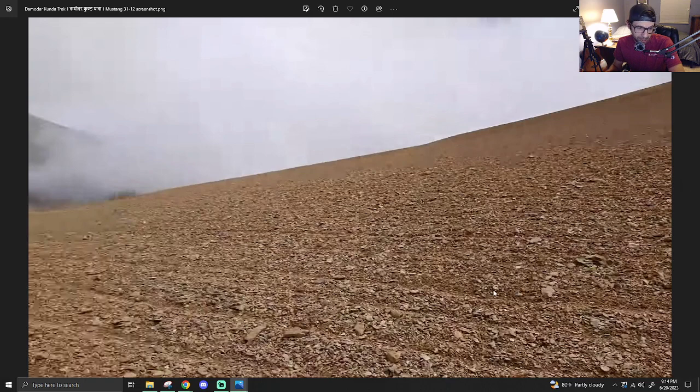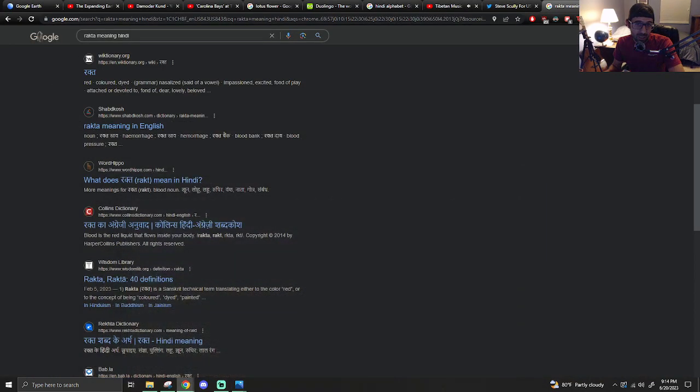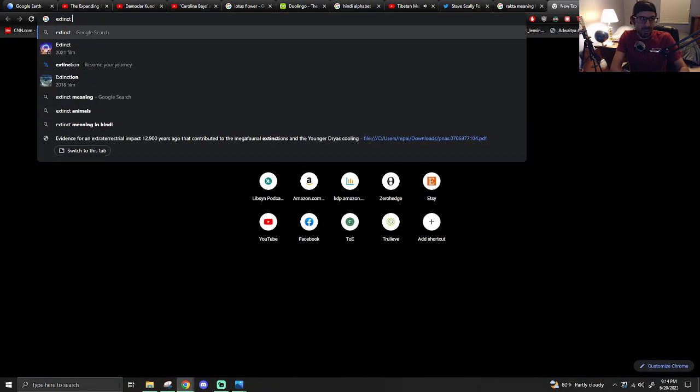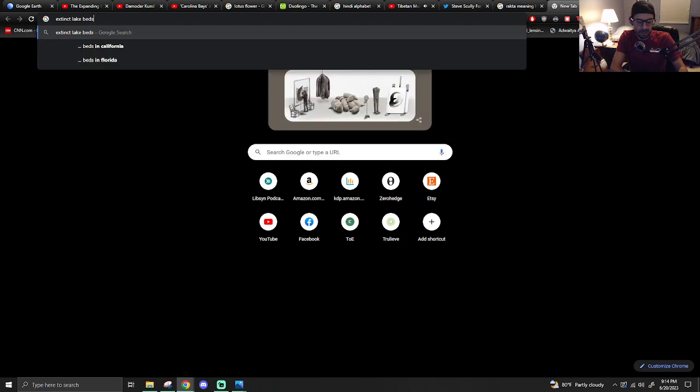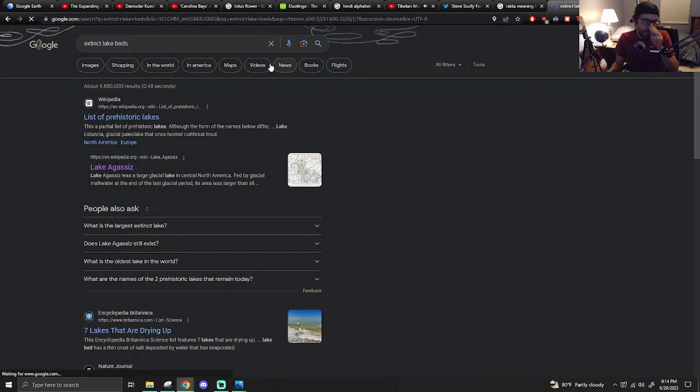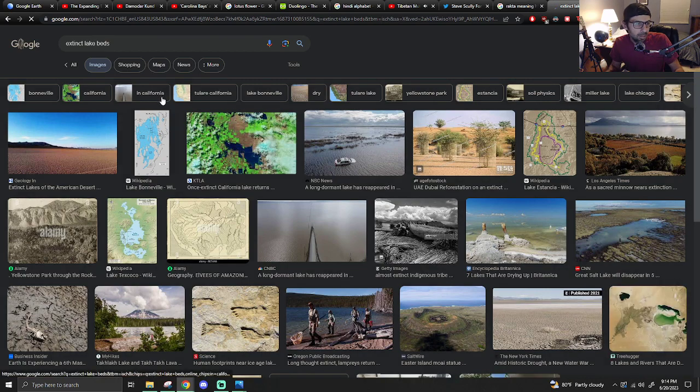How does erosion do that? I don't know what explanation geology has for this. This would be considered like a lake bed, extinct lake beds kind of thing. I'm pretty sure. Extinct lake beds. Images.